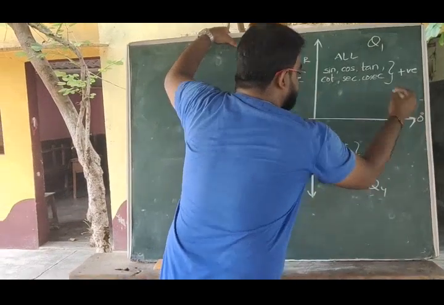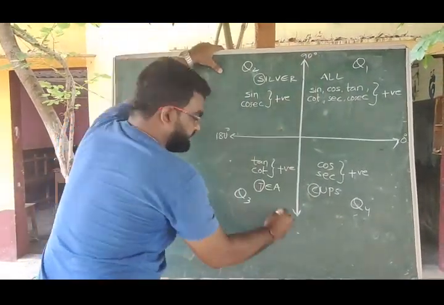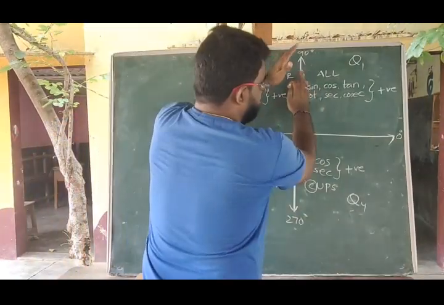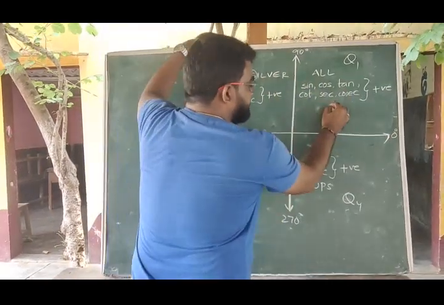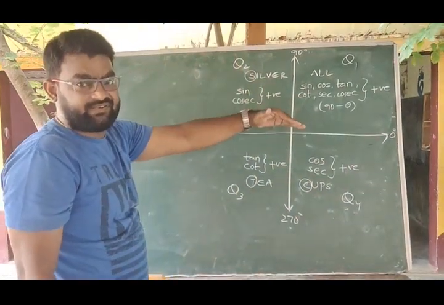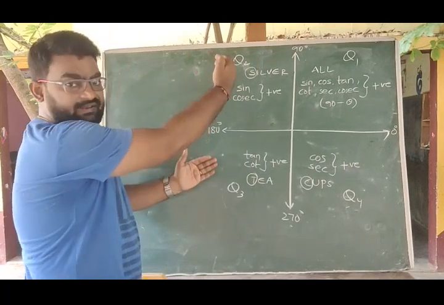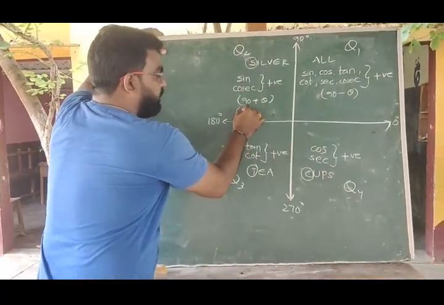First one, 0 degrees, 90, 180, 270. Here, the angle lies between 0 and 90. So this is 90 minus theta, which is less than 90. This one, more than 90 and less than 180: 90 plus theta and 180 minus theta.